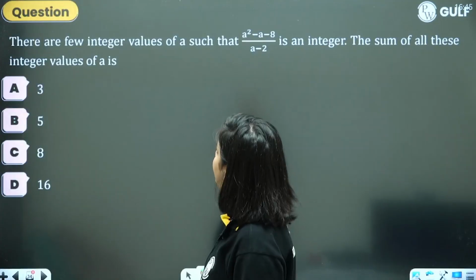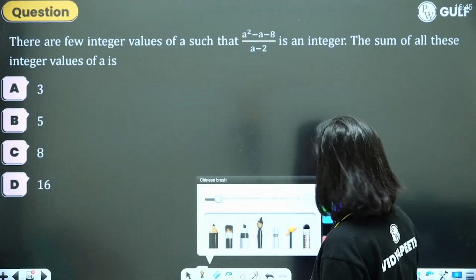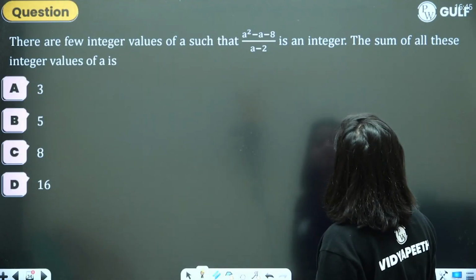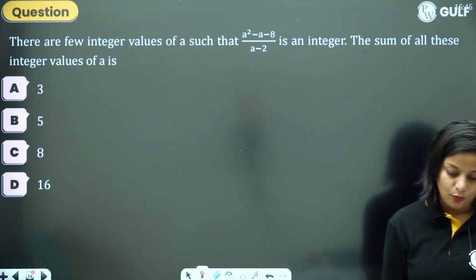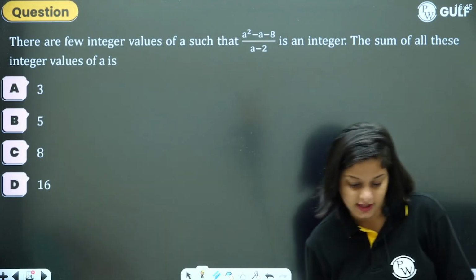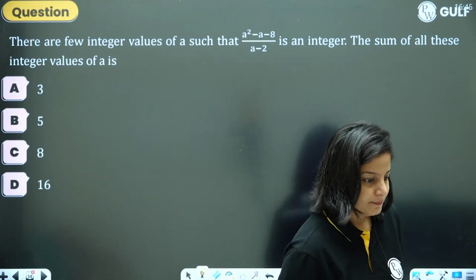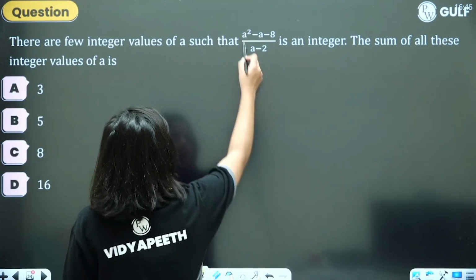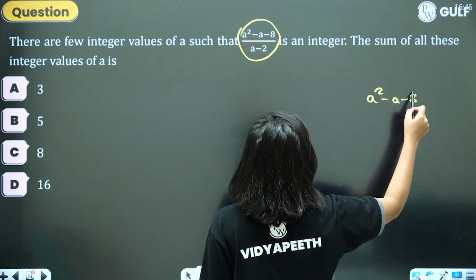Option B. There are few integer values of A such that this is an integer. The sum of all these integer values of A is equal to what? Okay, no problem. So all I'll ask you to do is divide this. You have learned the long division method.